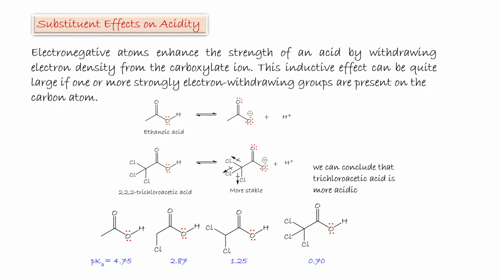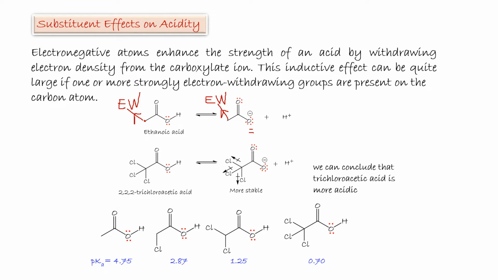Substituent effects. An electronegative atom enhances the strength of an acid by withdrawing electron density from the carboxylate species. This electron withdrawing will stabilize the carboxylate negative charge.